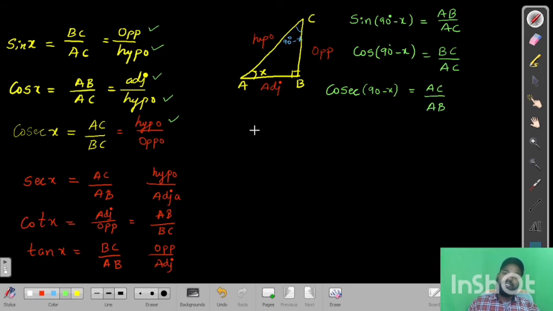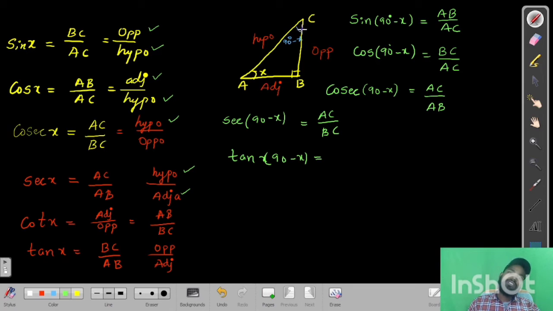Next one, sec of 90 minus x. The sec formula is hypotenuse by adjacent. Hypotenuse is AC here, and adjacent is BC. Next, cot x or tan x. We will take tan of 90 minus x. Tan is opposite by adjacent.